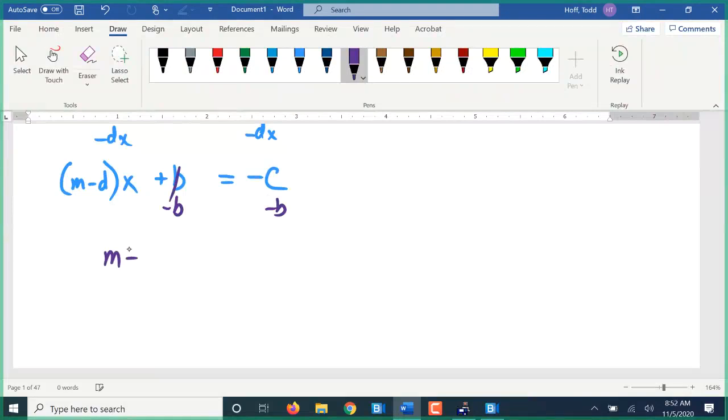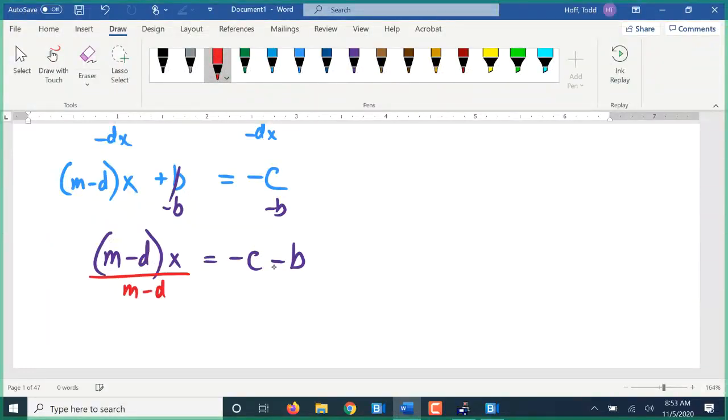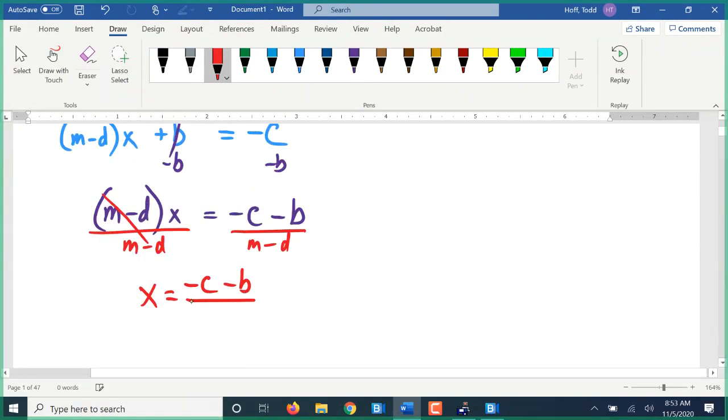We've got the m minus d times x equals a negative c minus b. Then we have to divide by the m minus d. X equals negative c minus b over m minus d.